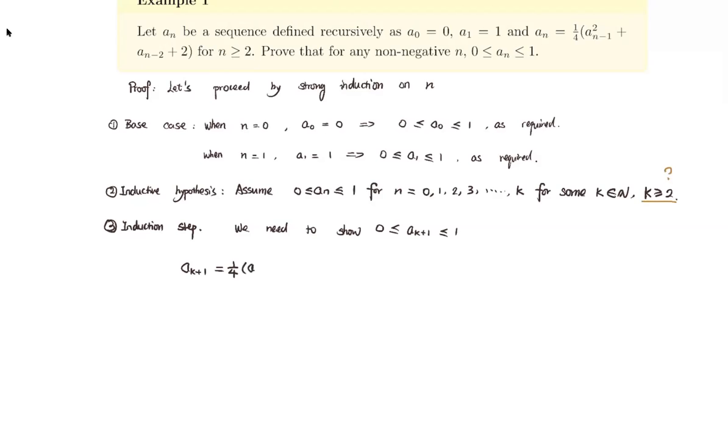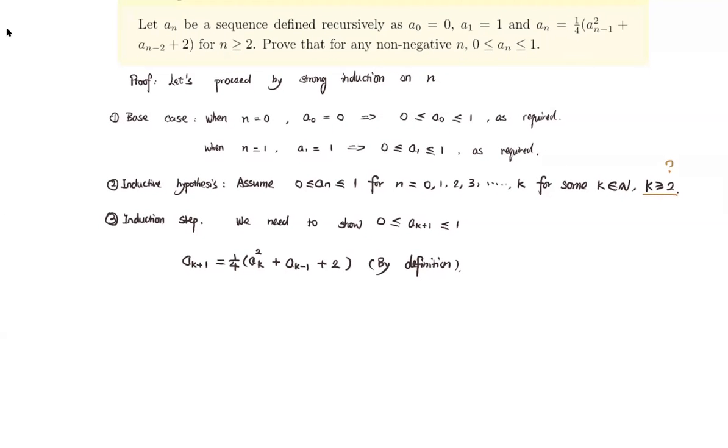Times a_k squared plus a_{k-1} plus 2. This is by definition. Any questions so far? For this step, how did I get this? Is it clear? Basically, I just use the definition here, okay?